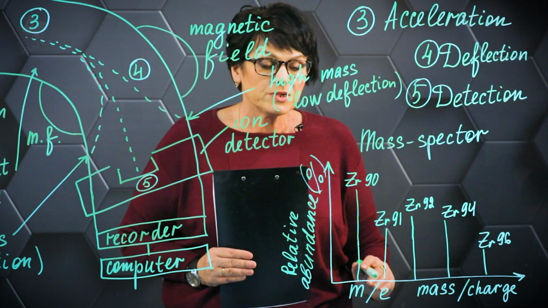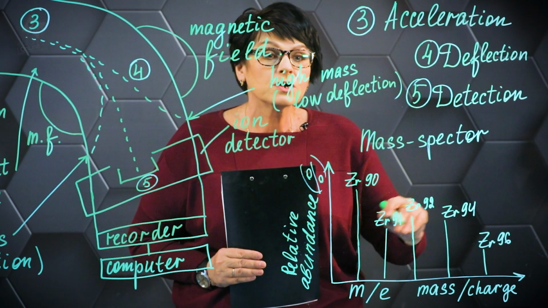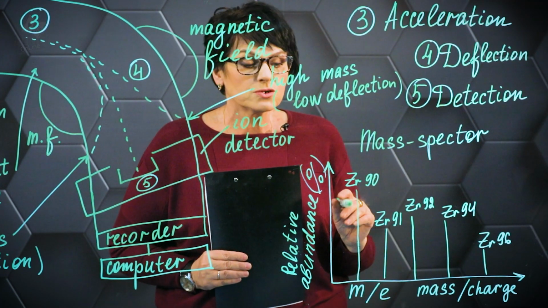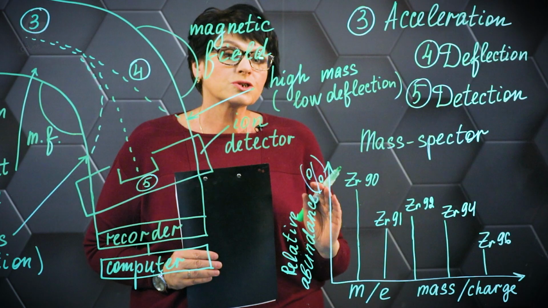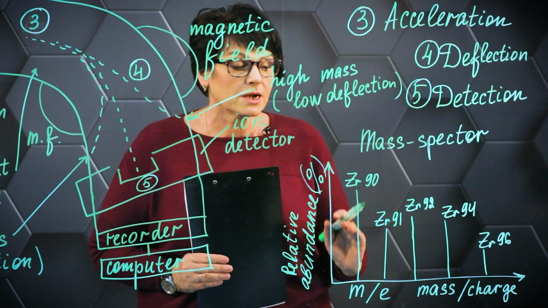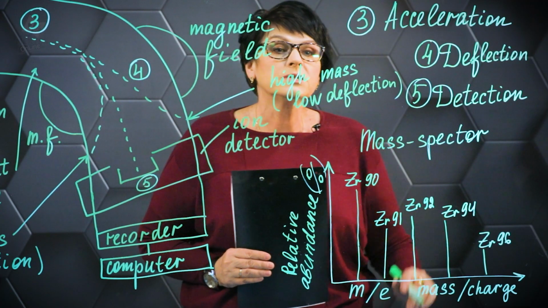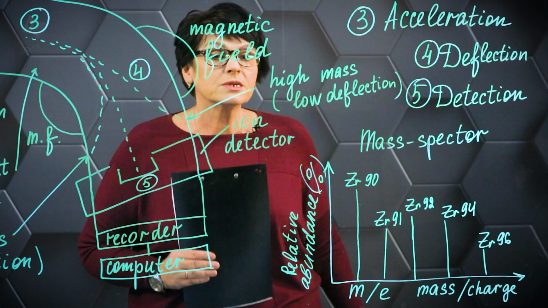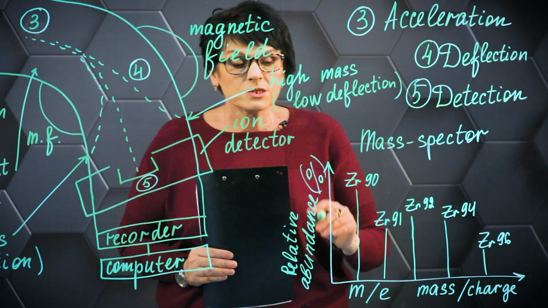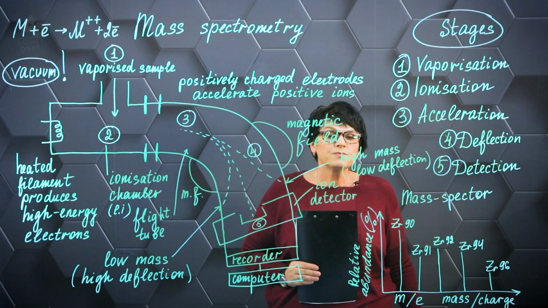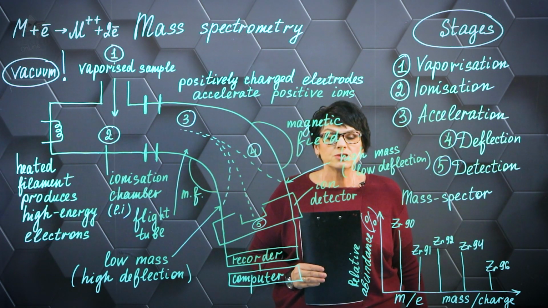From the graph, we can determine which isotope of zirconium is found in greater quantities in the sample we're studying, including natural samples. We can also find other isotopes that appear in this sample. On the ordinate axis, we can also plot the magnitude of the ion current, which also allows you to detect different particles.